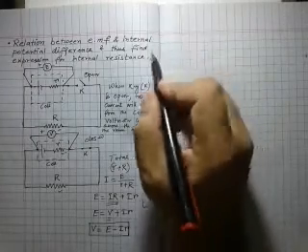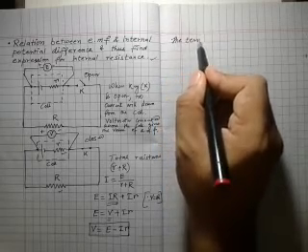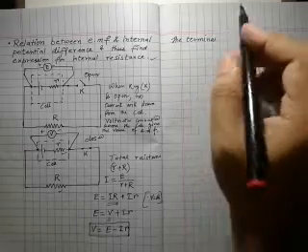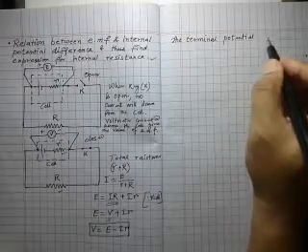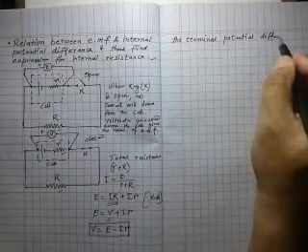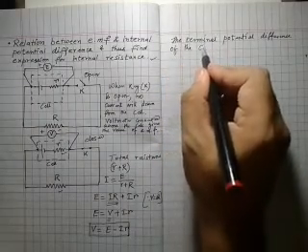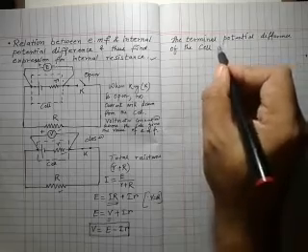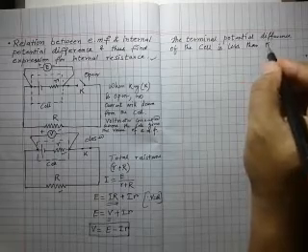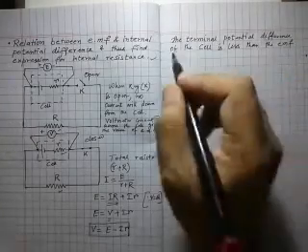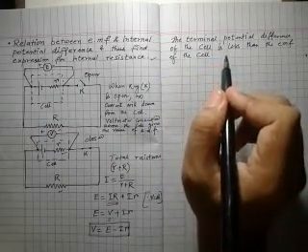So write, the terminal potential difference of a cell is less than the EMF of the cell.